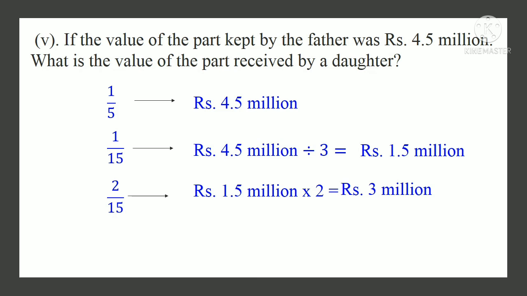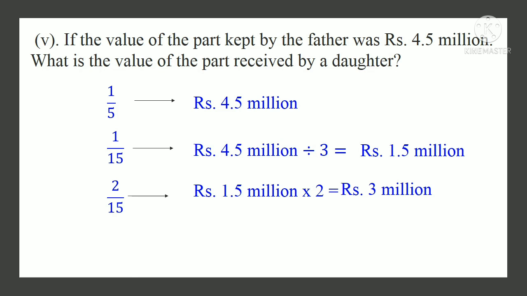How much? Directly we can find that one, or else we can find how much is the amount for 1 upon 15. That is 4.5 million rupees. You have to divide by 3. The answer is 1.5 million rupees. That is for 1 upon 15.